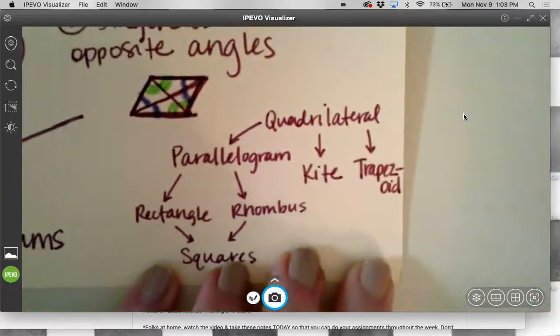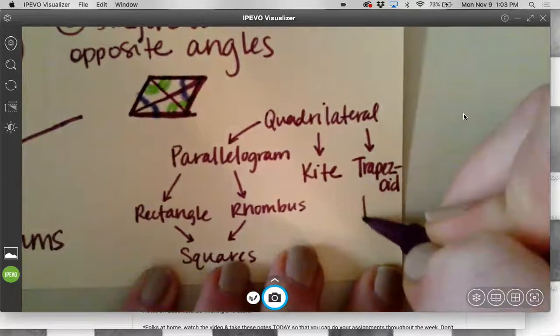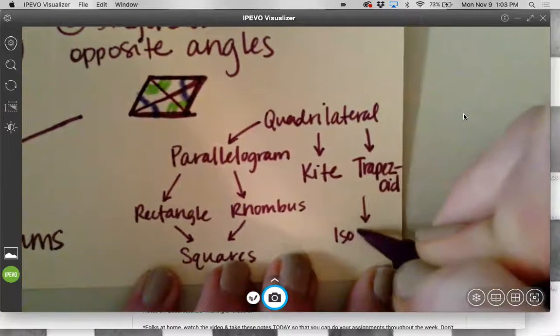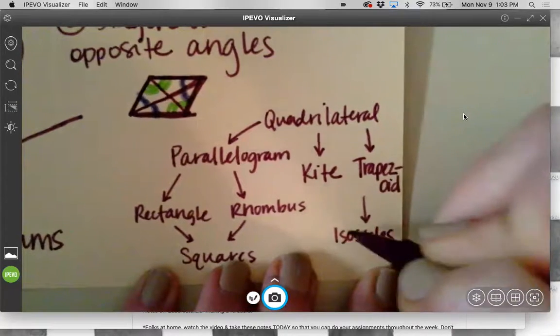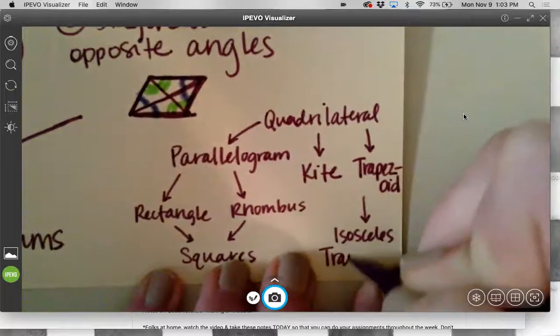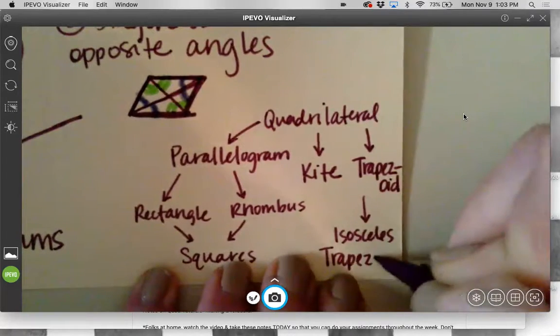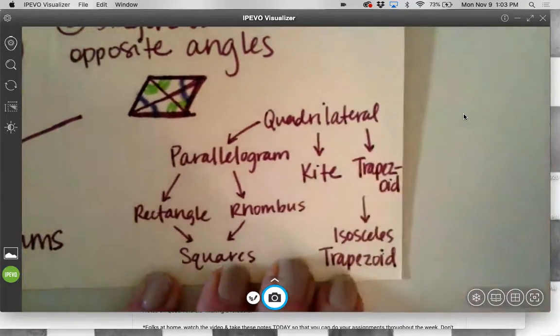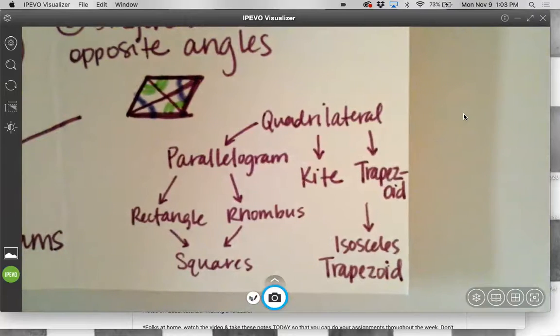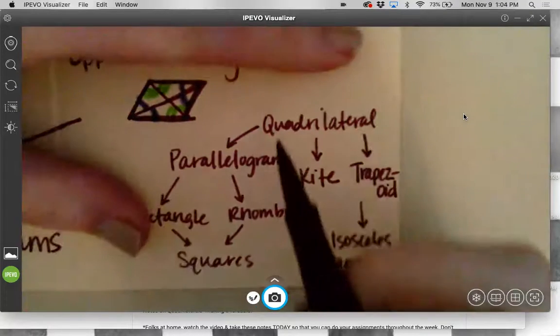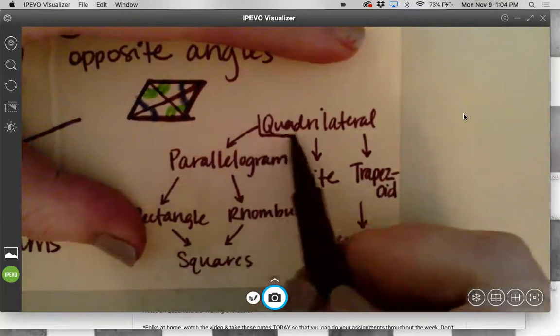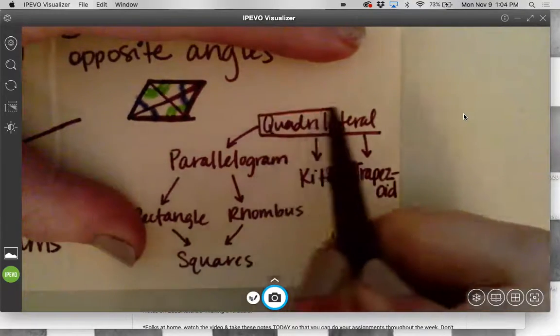And a certain kind of trapezoid that we have is an isosceles trapezoid. Okay, so this gives you the breakdown of what goes where. If you want to box them in to make it seem a little neater, you're welcome to do that.